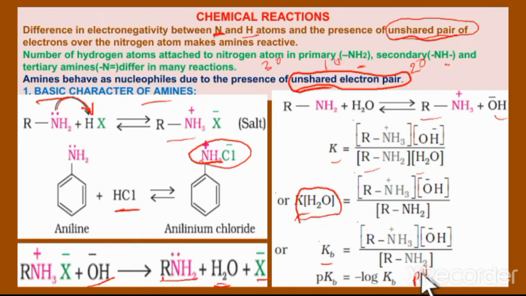We know pH equals minus log of the hydrogen ion concentration. Applying this, pKb equals minus log Kb. A larger value of Kb or a smaller value of pKb means a stronger base.